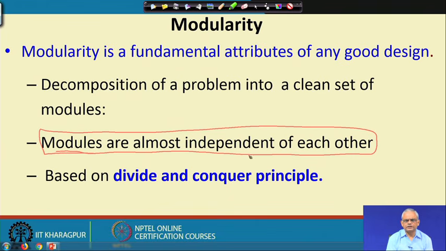A set of modules are almost independent of each other if they either do not call any other module or they call very few. If a module calls all other modules and it requires many parts to be completed by other modules and so on, then it becomes a dependent module.